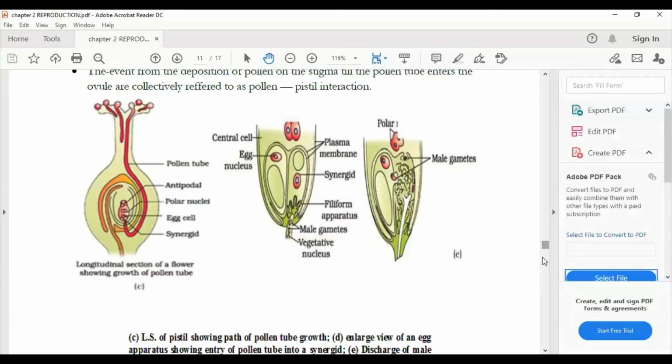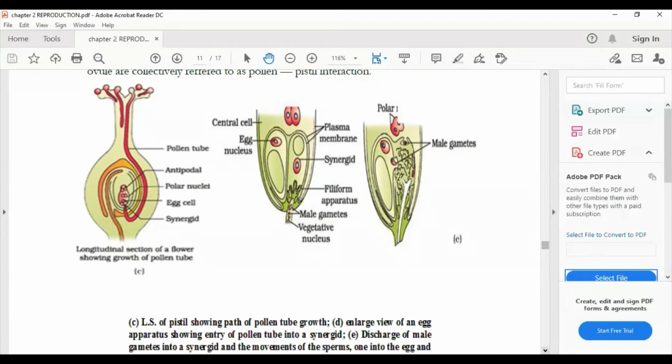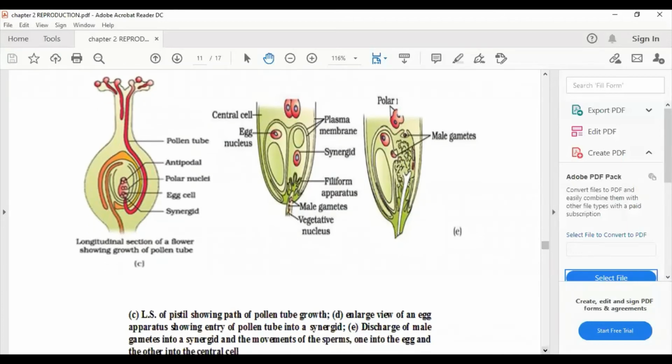So this is the diagram you have to draw if a question is asked to draw the pistil showing path of pollen tube growth. This is an LS or longitudinal section of pistil showing path of pollen tube growth. You can see it in the C part.